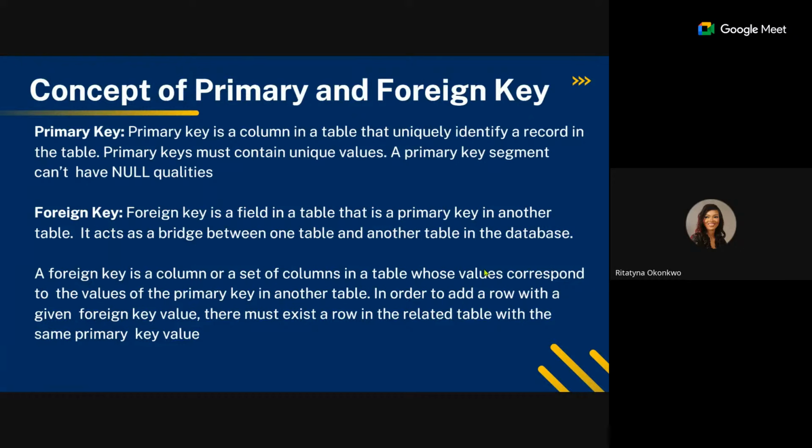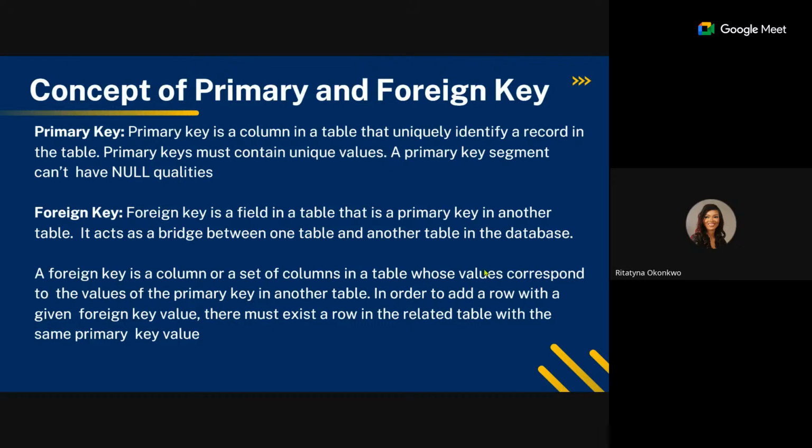Let me give you a real-life example. We all have a passport identification number or a national identification number. That is an example of a primary key, because no two persons can have the same one, and a primary key cannot be null as well.